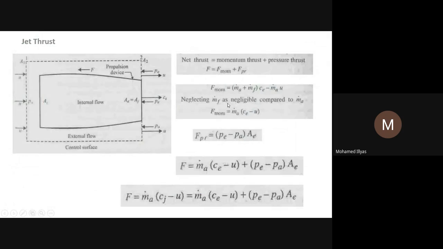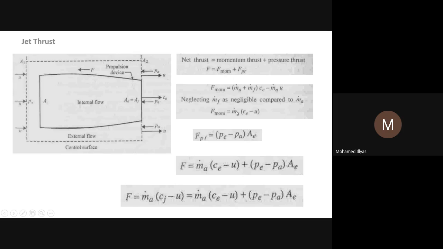In the case of jet thrust, two types of thrust are produced. One we call the momentum thrust, and the other is called the pressure thrust. Momentum thrust is similar to our previous case. When there is a change in velocity of the fluid, expansion of gas will be there in the nozzle when it comes out.